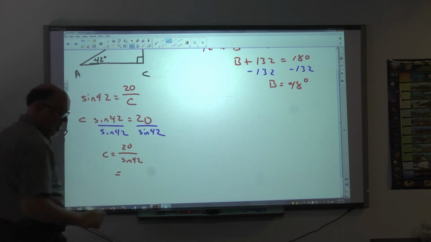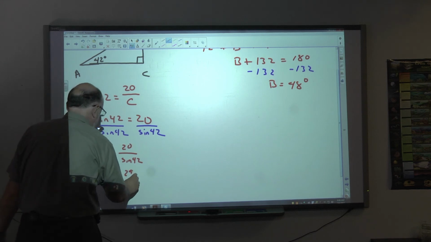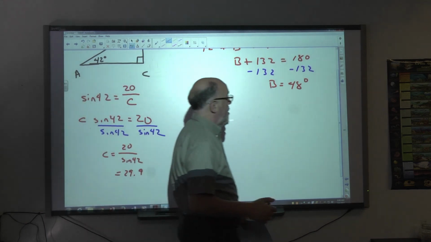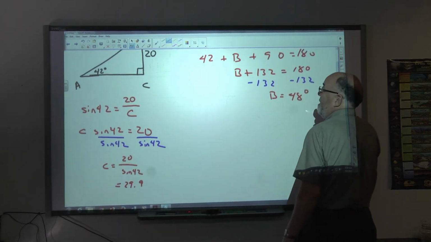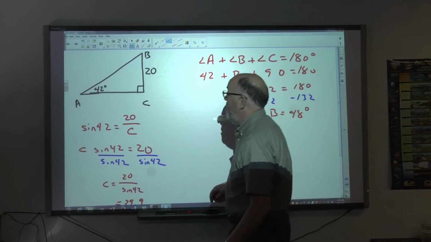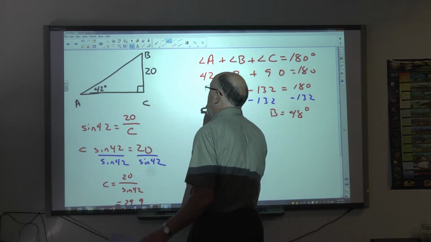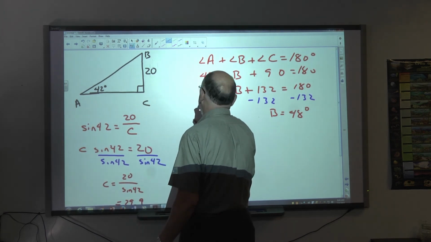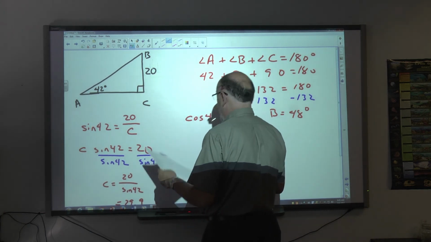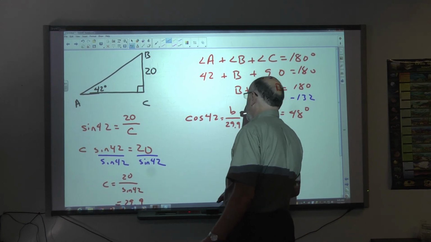And if we plug that in, we get 29.9. So now we need to find side B. Well, here's B. We know that this is now 29.9, so we could say that the cosine of 42 is equal to B over 29.9.